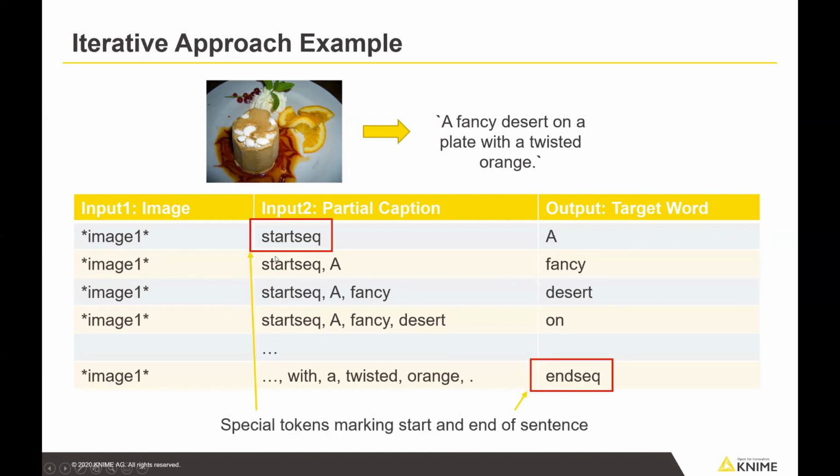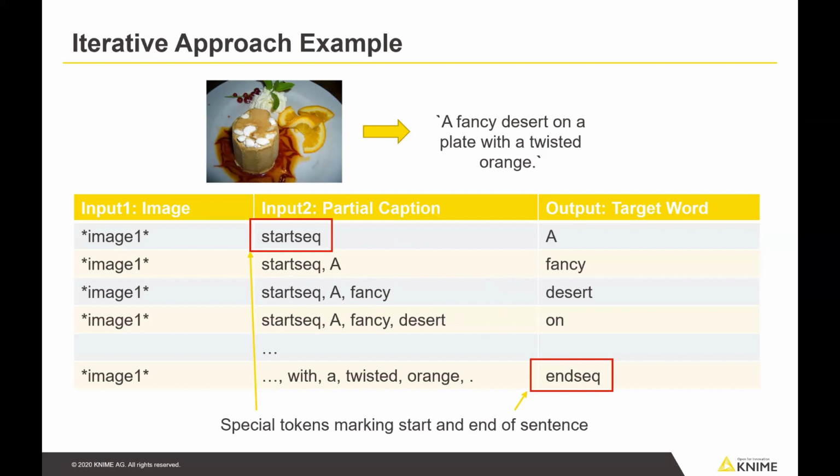And here you can already see that we have two special tokens. We have one start token, which is put at the start of our training example, and then one end token. These are important for the prediction approach, because after we trained our network and we have a new image where we want to create a prediction, we need to input it with some partial caption.